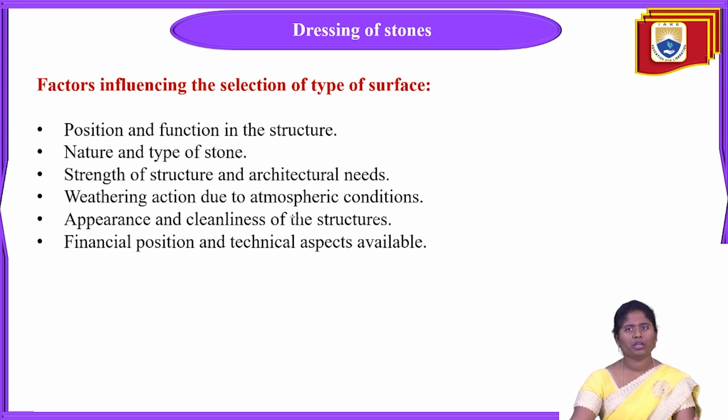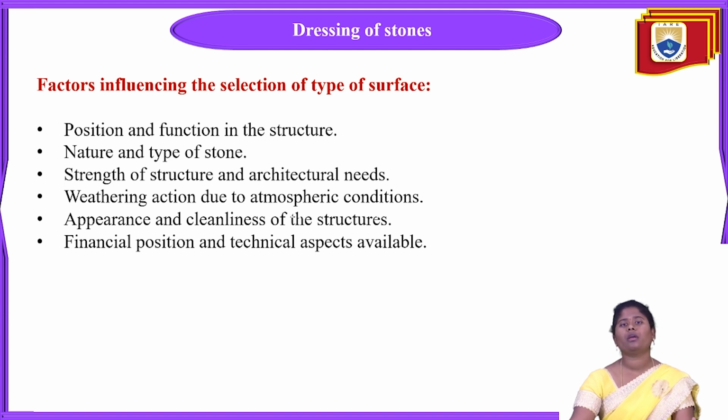And next one is strength of structure and architectural needs. According to the strength of the structure, we have to choose what type of stone to use, and what the strength of that stone is. If it is reliable, it can be used in the construction.